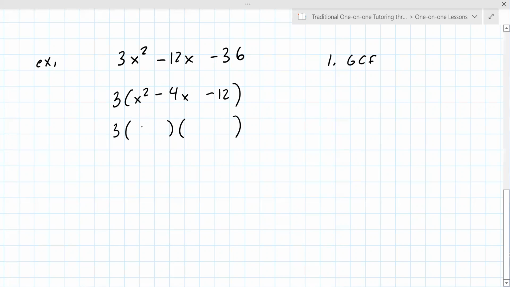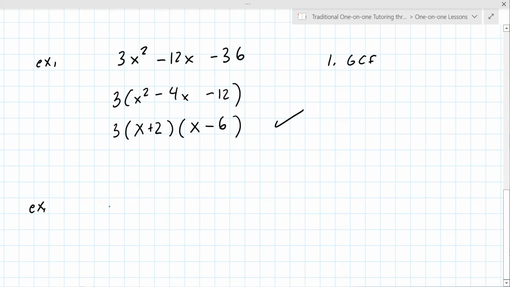So what goes inside the parentheses? What you said is correct, but I want to see if you've got the full understanding here of how to proceed. You do x plus 2 and then x minus 6. Perfect. Okay.